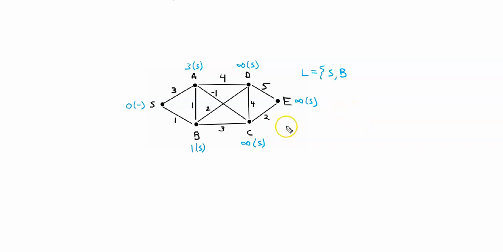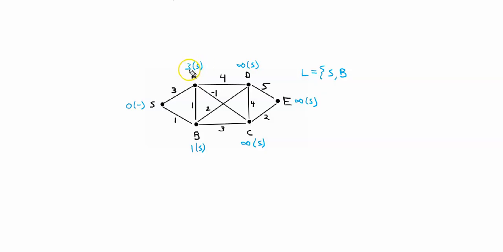And the next thing we have to do now is update the labels on our vertices. And the way we do that is we just added B into L, so we look at all the vertices that are adjacent to B, and we will update their weights like this. So we look at A, it's adjacent to B. Now, what is smaller?